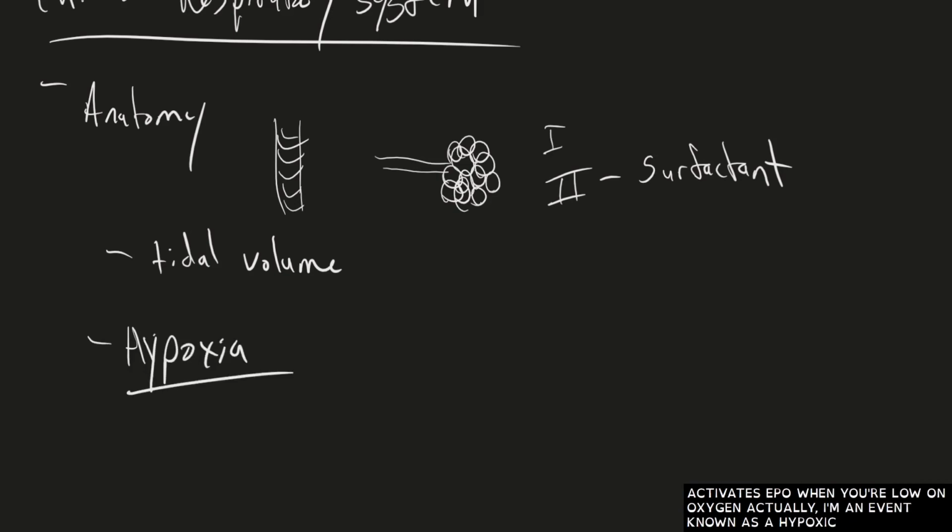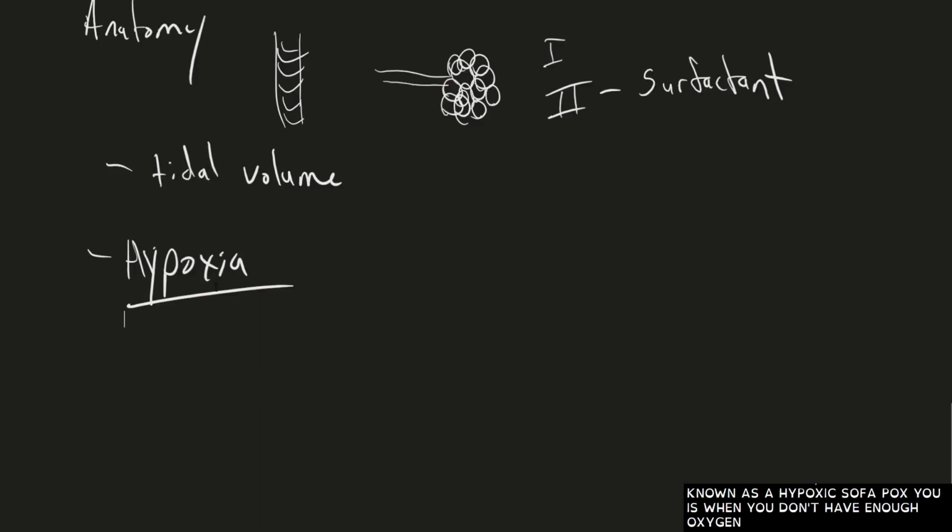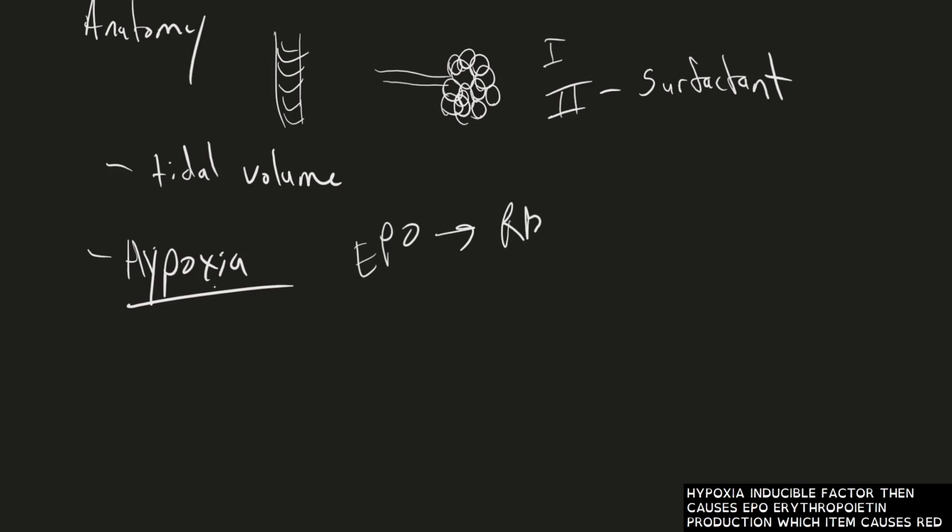So hypoxia is when you don't have enough oxygen and your blood then releases this hypoxia inducible factor, and then that hypoxia inducible factor then causes EPO or erythropoietin production, which then causes red blood cell formation at altitudes.